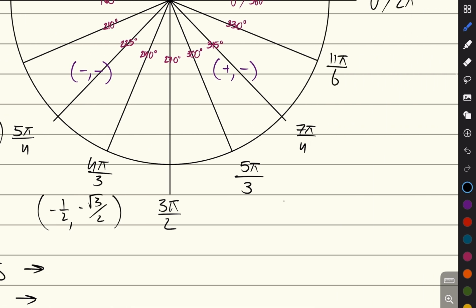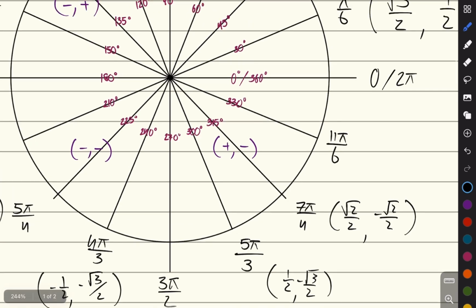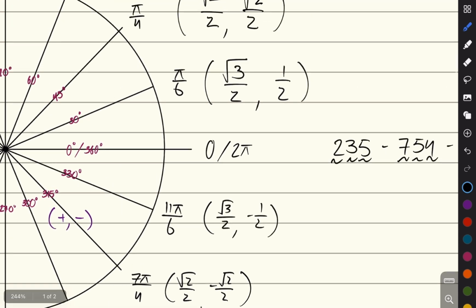And then once again, we finally mirror again to get 1/2, square root 3 over 2, and then square root 2 over 2, positive square root 2 over 2 with a negative, and square root 3 over 2, negative 1/2. And that mirrors back over to the first coordinate.